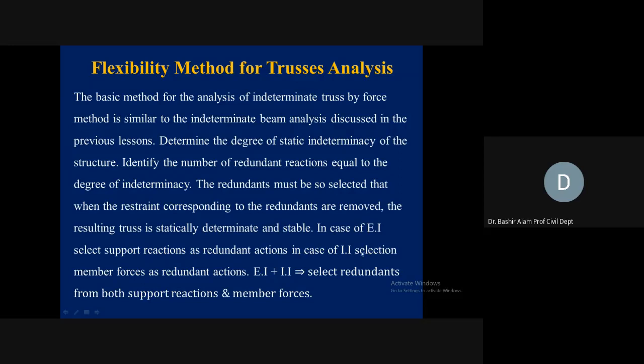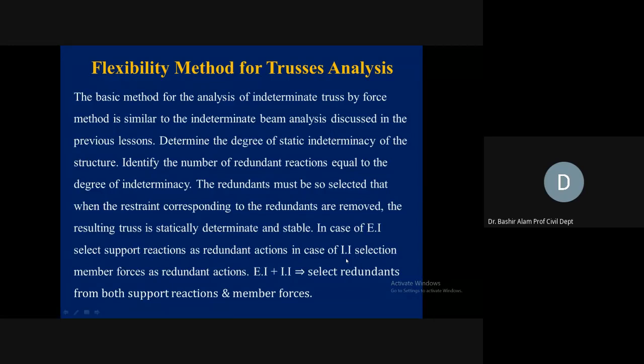And if it is internally indeterminate, it means the number of internal actions, the member actions, are more than whatever is required for the determinacy. So in case of internal indeterminacy, we select the member forces as redundant actions, and how the structure is made internally determinate: we cut that member.